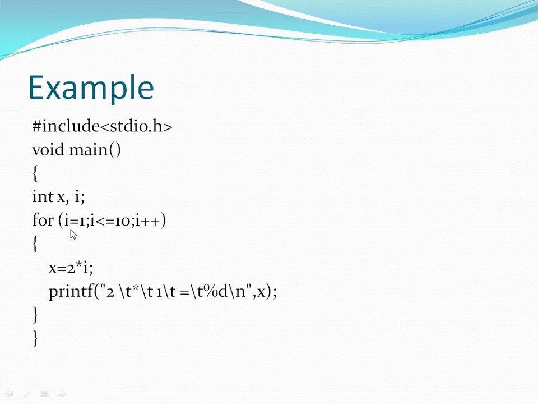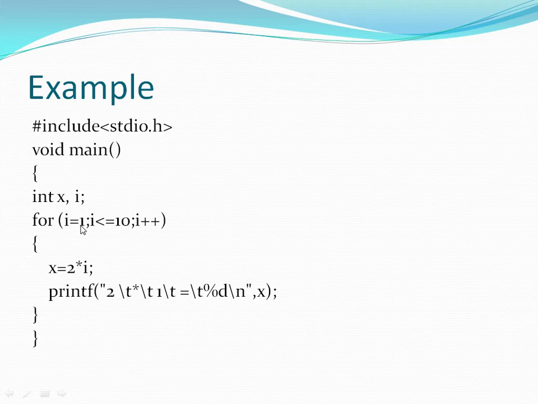So basically we are starting our loop from 1 and it will continue until i is equal to 10, and it will increase its value by 1 every time. So actually we want to display a table of 2. So what we are doing here is, since we have two variables, one is x and one is i.